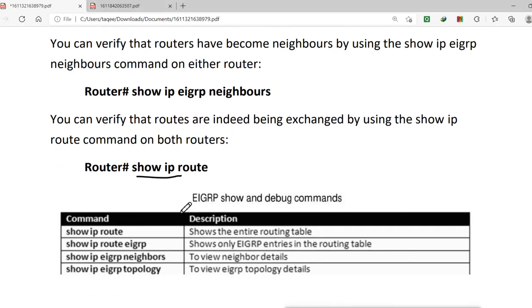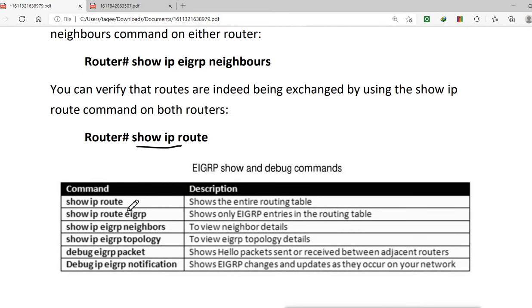Show ip route eigrp will show you only EIGRP routes. Show ip eigrp neighbors will show you only the neighbor details, the neighbor table. Then we can see the topology table by using the show ip eigrp topology command.